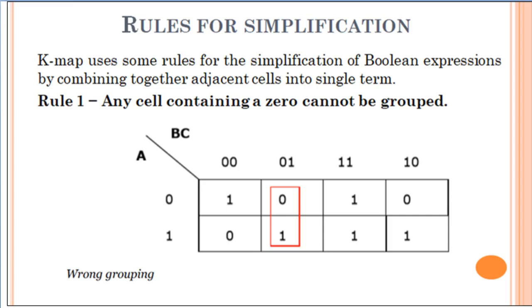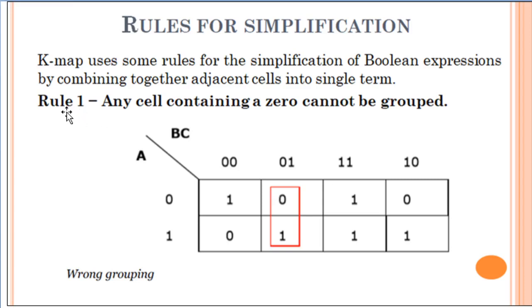That means we have to create groups. We have to take the common in adjacent cells, and for taking the common we have to create groups of adjacent cells. These are some rules for creating the groups, and we will discuss them here.